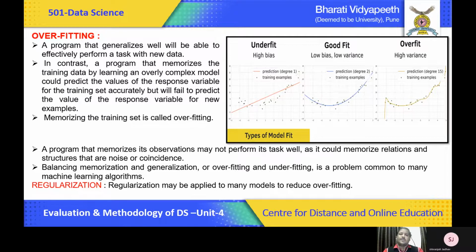So the particular task of whatever observation you have taken cannot be fit for that; though it is a good fit, if you see the result, there may be a chance of getting disturbances or noise. Balancing this is what we call balancing underfitting and overfitting.